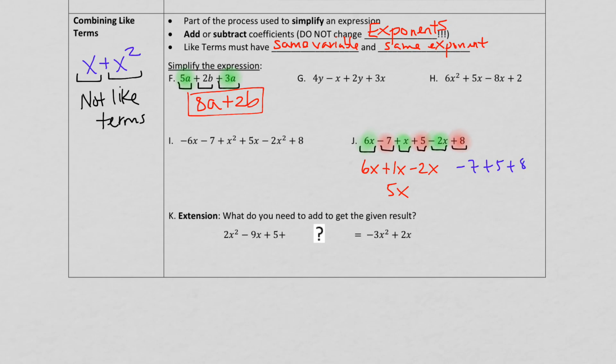And if I do that, I get a 13 minus 7 is going to be plus 6. And from here, notice how I've made this original question, which had 6 terms, much, much smaller. Now I just have 5x plus 6. To finish, are these like terms? They're not, so that's my answer.